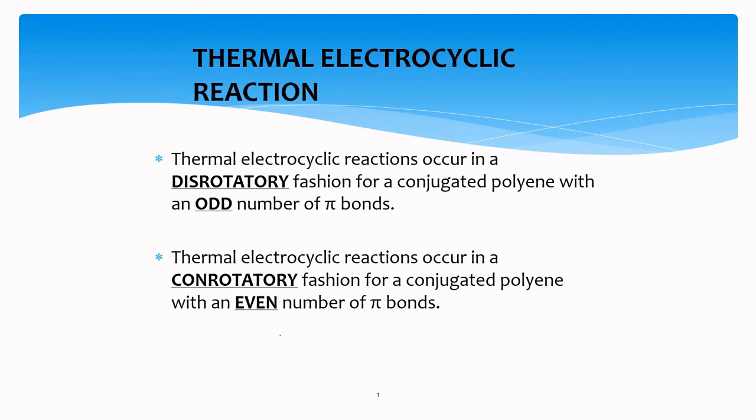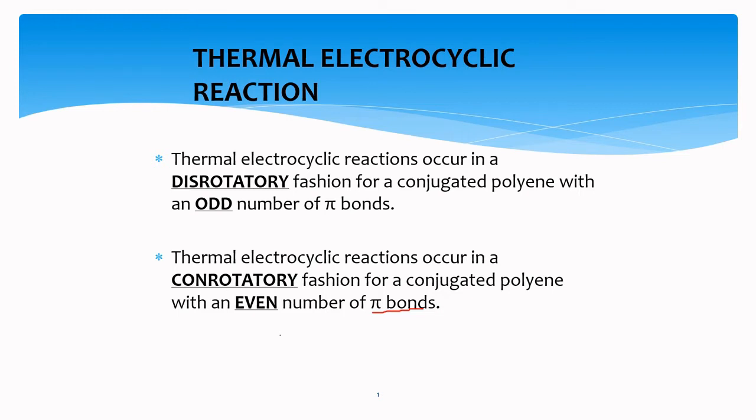In this video, we will see some of the electrocyclic reactions under thermal condition. In thermal condition, normally when you have a conjugated polyene with an odd number of pi bonds, it will undergo this disrotatory fashion, while if we have an even number of pi bonds, it will undergo conrotatory fashion.